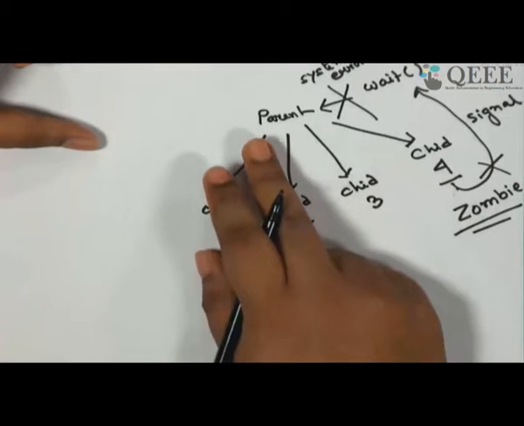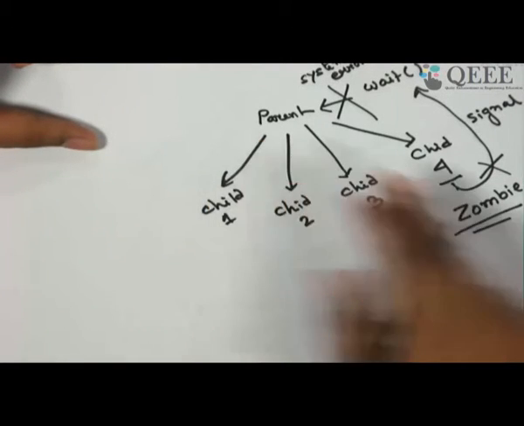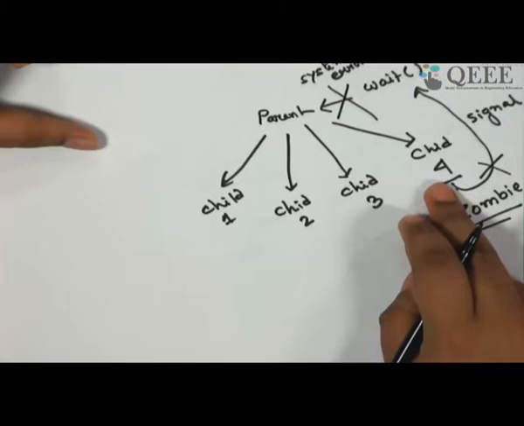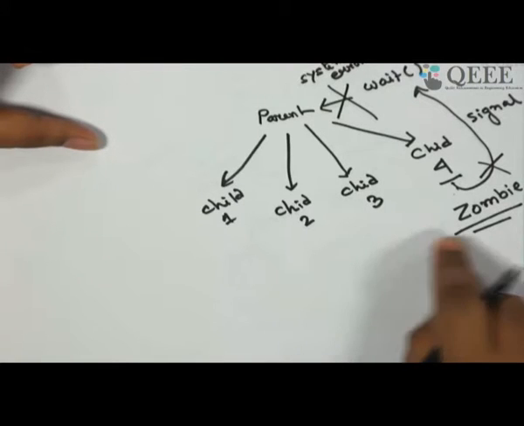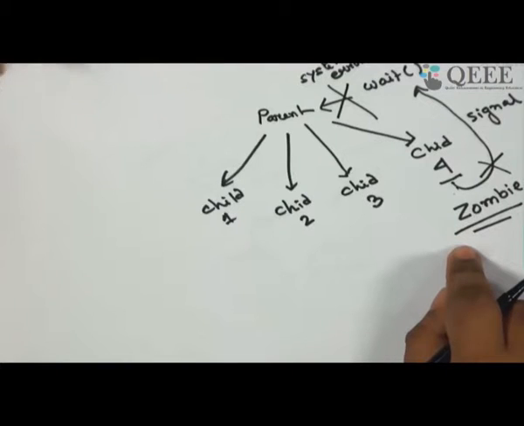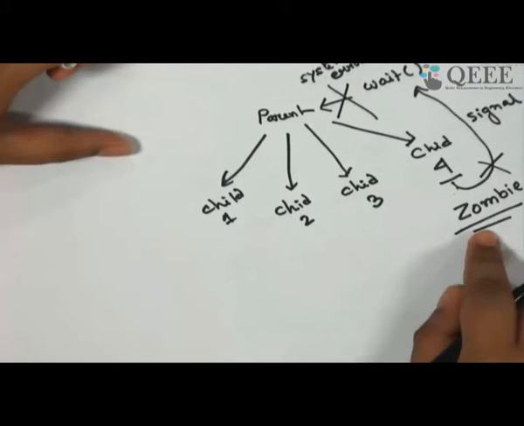Now if the parent suddenly gets terminated, then the child will not be able to release those resources because it is not able to send that termination signal to the parent. That way the child becomes a zombie process. Zombie process means they have taken some resources, but they are not able to release those resources. So those particular resources become unusable. We do not want zombie processes in our system.